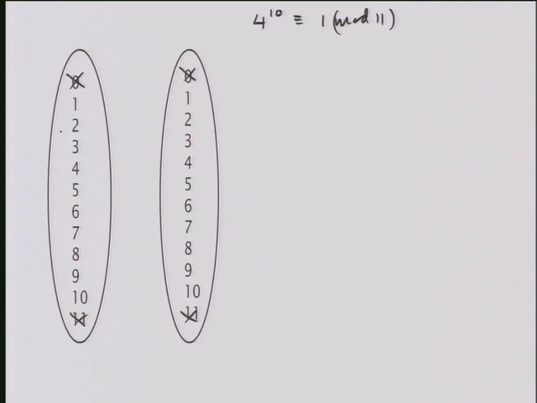Now, let's look at a bijection. Let's map x to 4x mod 11.